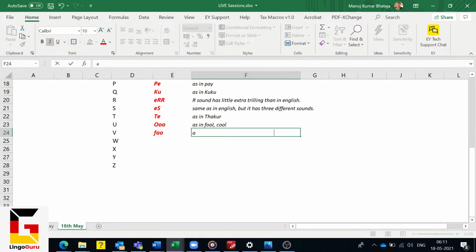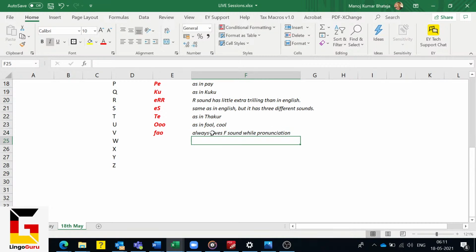It always gives an F sound while pronouncing. F, foul. It is never going to be pronounced as V, but there are certain exceptions. How, when, that we will be learning later on.